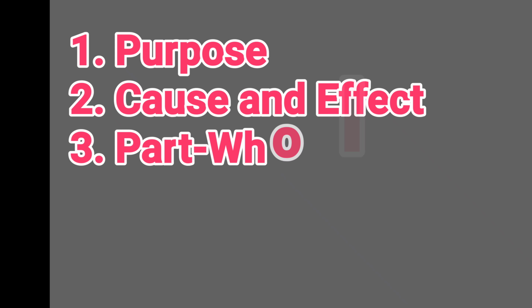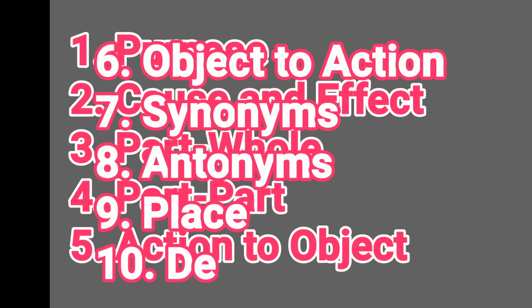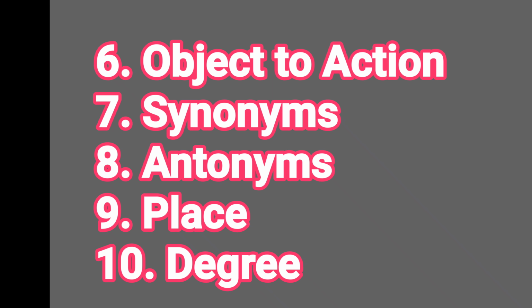There are many different types of analogies. Number 1, purpose relationship. Number 2, cause and effect relationship. Number 3, part-whole relationship. Number 4, part-part relationship. Number 5, action to object relationship. Number 6, object to action. Number 7, synonyms relationship.